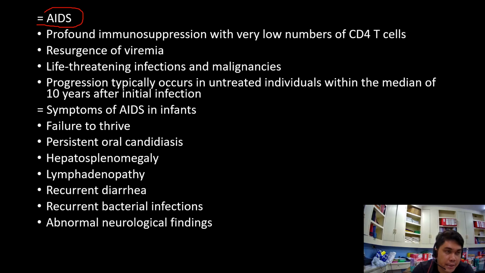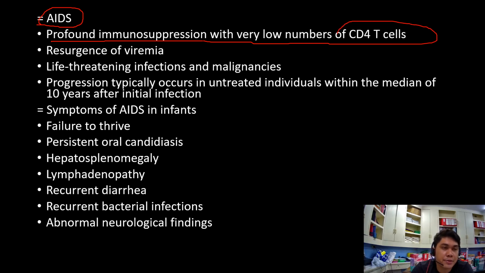Next is AIDS. So you have acute infection, latent infection, then AIDS. For AIDS, you have profound immunosuppression with very low numbers of CD4 cells. Then there is resurgence of viremia, so you have increased viral load. Now regarding CD4, there's immunosuppression because the CD4 activates your antibody production and your cell-mediated immune response.